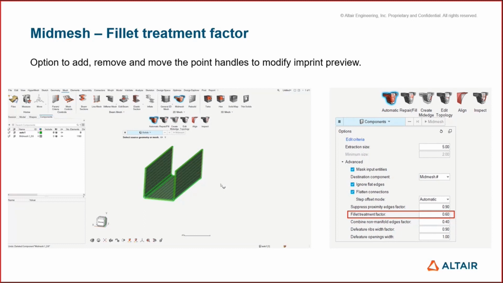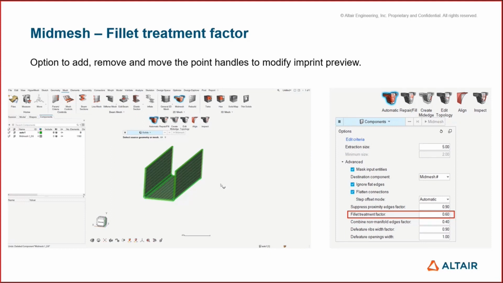It used to suppress at some points and capture at others, which caused a dent, and we had to manually correct the mesh at those locations, which took a lot of time in mesh editing. So this gives a consistent mid mesh output on the fillet.